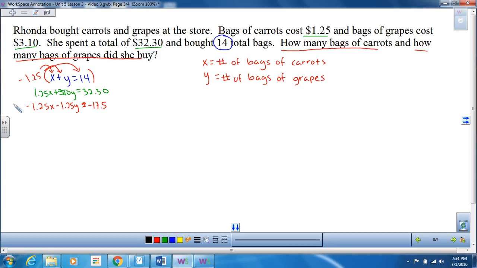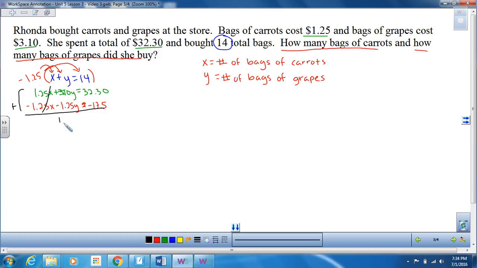Okay, and then now I can add, and I'm adding these two.